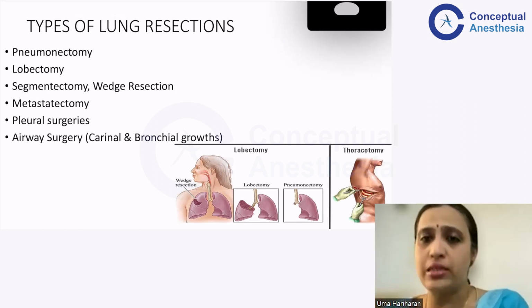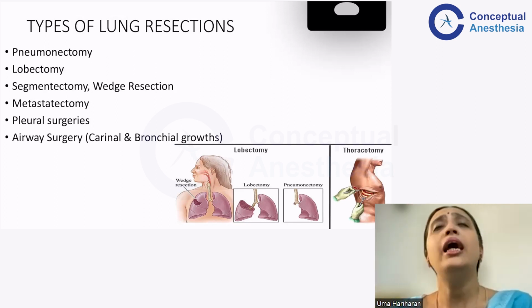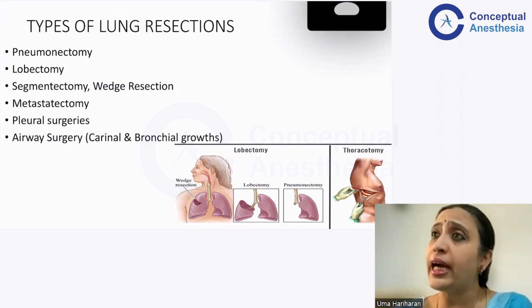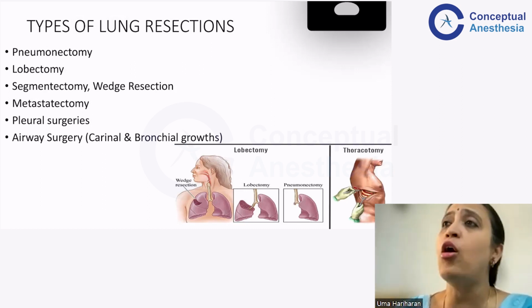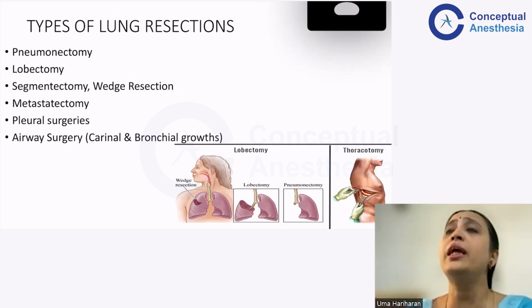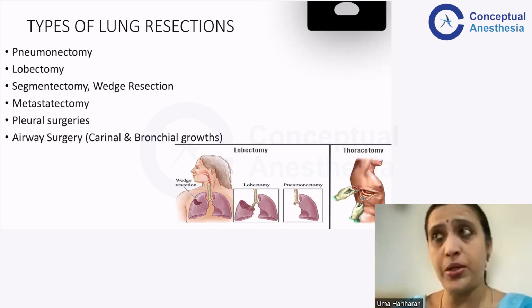Then comes pleural surgeries. In pleural surgeries, there can be either pleurodesis or entire removal of the pleura. This can be done in the case of either long-standing pleural fibrosis or pleural adhesions or pleural depositions.